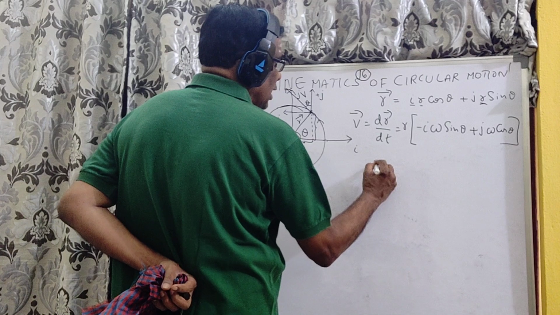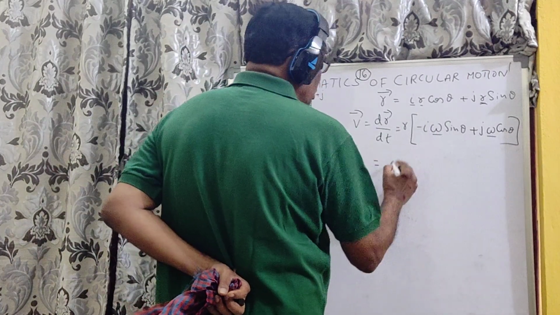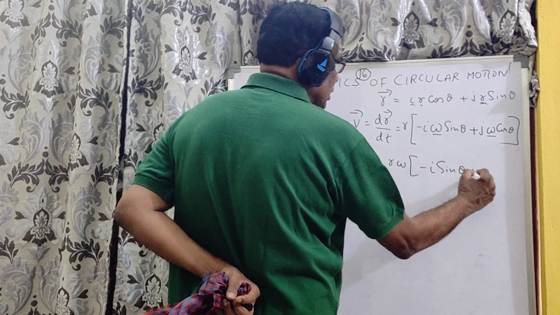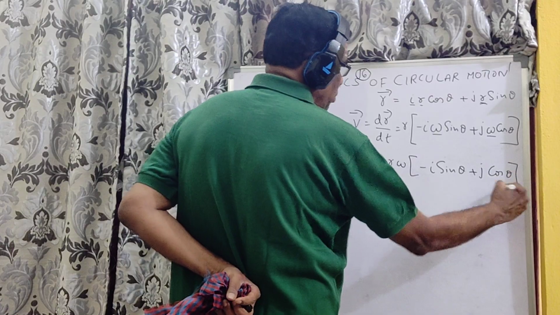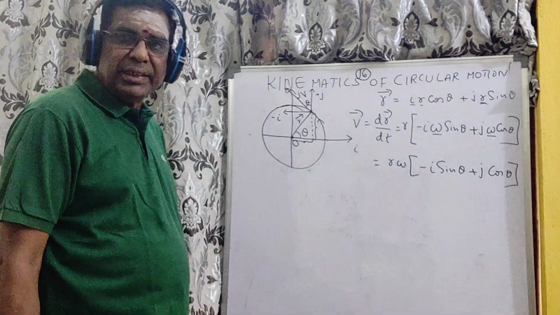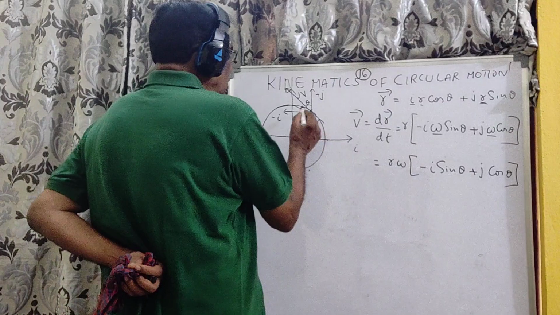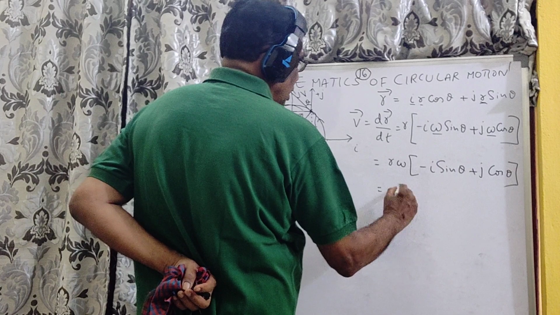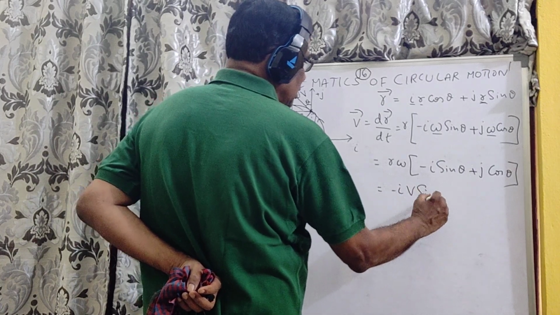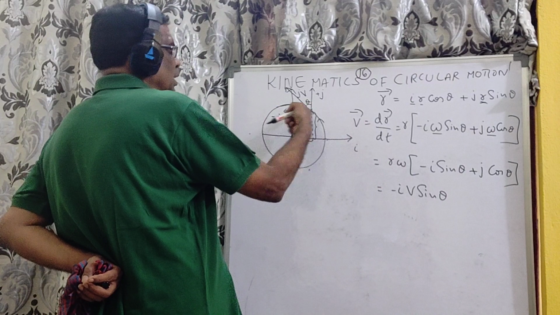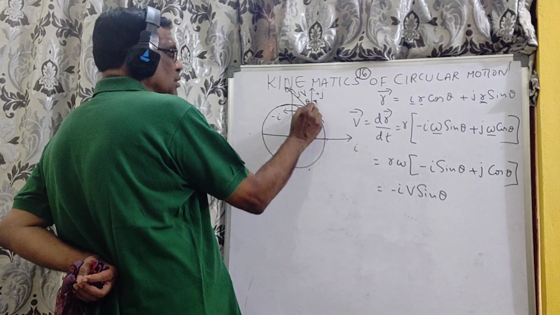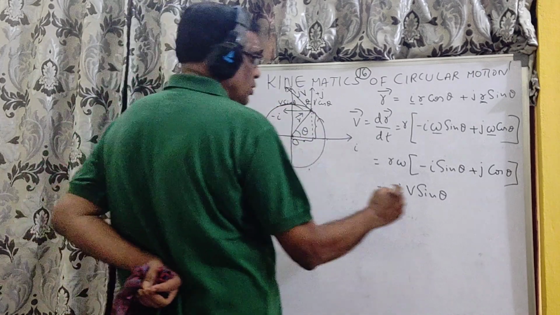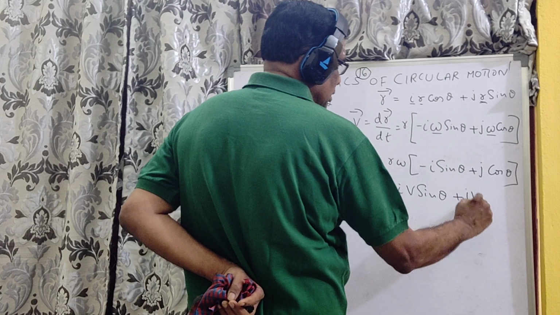I write this as omega is common, r omega times minus i sin theta plus j cos theta. Now, if you resolve this V, how are you able to write? This is V sin theta minus i, and V cos theta plus j.